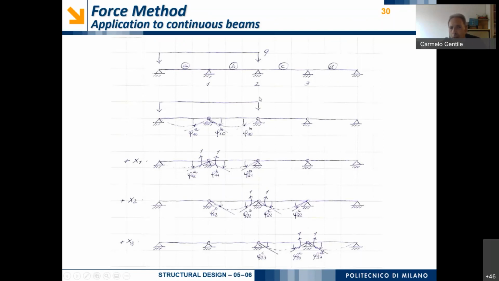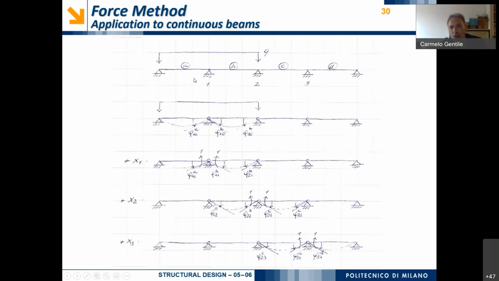So, for example, let us consider a continuous beam of 4 bays, of 4 spans, with the 3 intermediate supports. Okay, so what we have to do is let's look at the 3 intermediate supports, and for example, let us denote the 3 intermediate supports with the numbers 1, 2, and 3, as you can see in this slide.